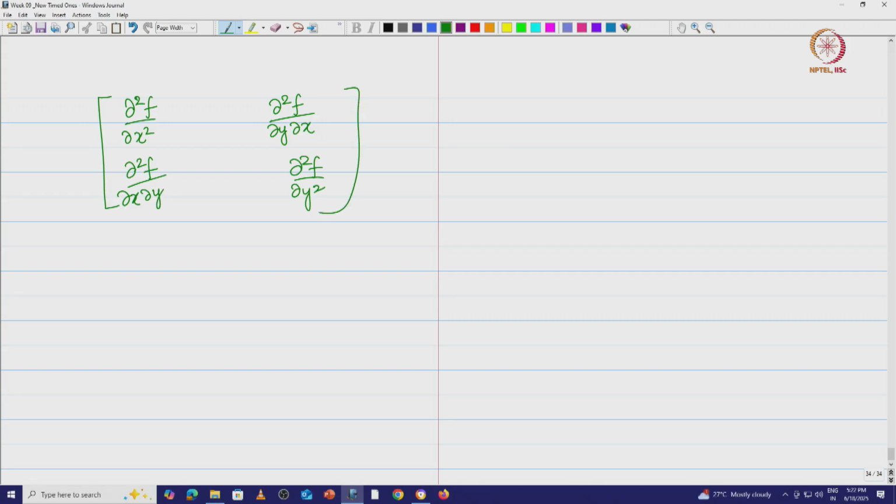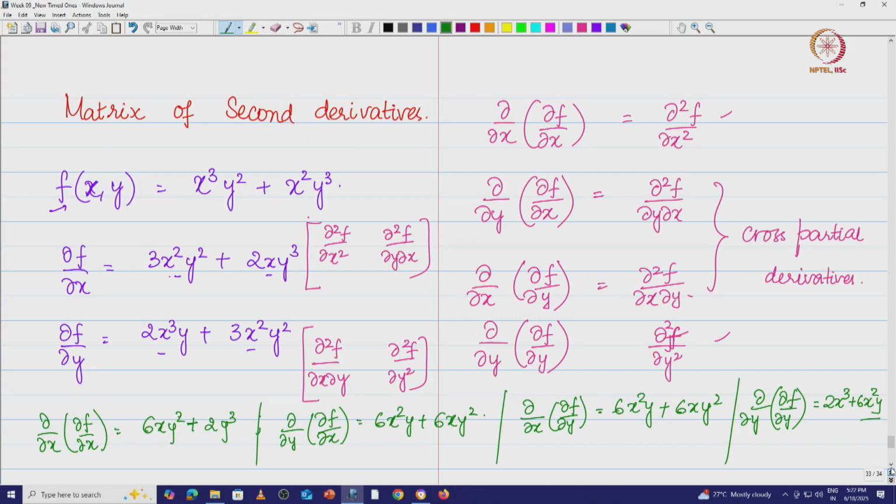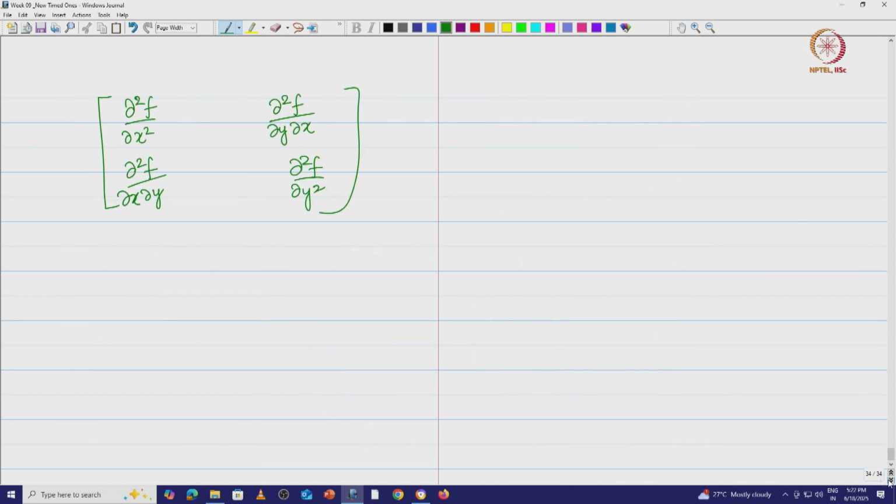And if you have noticed in the previous example that we did, the cross terms are the same. For most functions which are continuous, the cross terms will be the same, therefore you are going to have the symmetric property for the Hessian. The moment you have a symmetric matrix, all the properties of a real symmetric matrix will come into the picture. So, you can populate this. This matrix is what we call the Hessian.